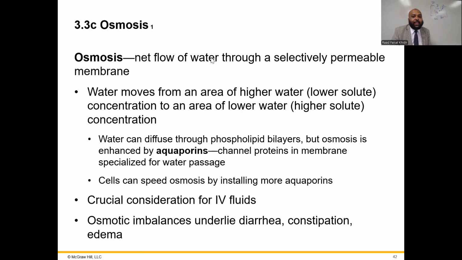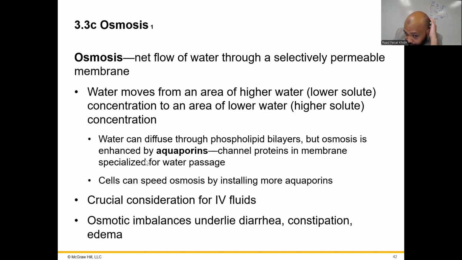Osmosis is the net flow of water through a selectively permeable membrane. Water moves from an area of higher water, lower solute concentration to an area of lower water, higher solute concentration.